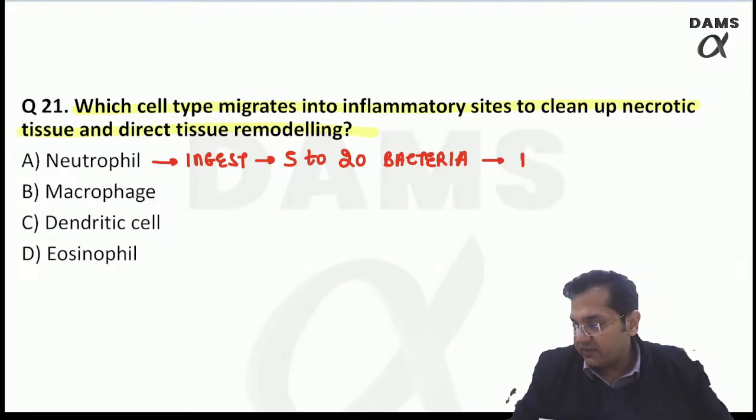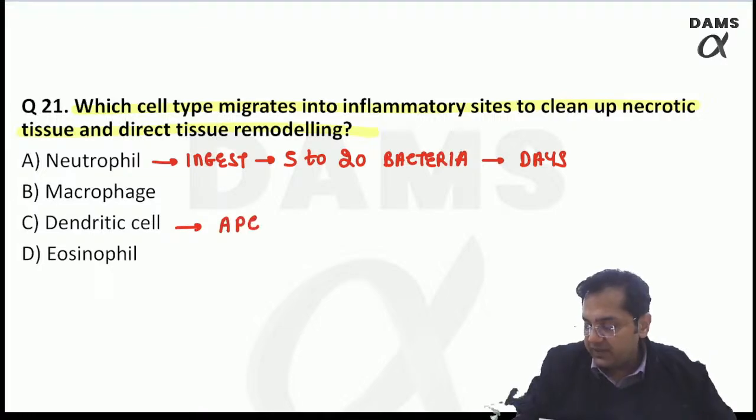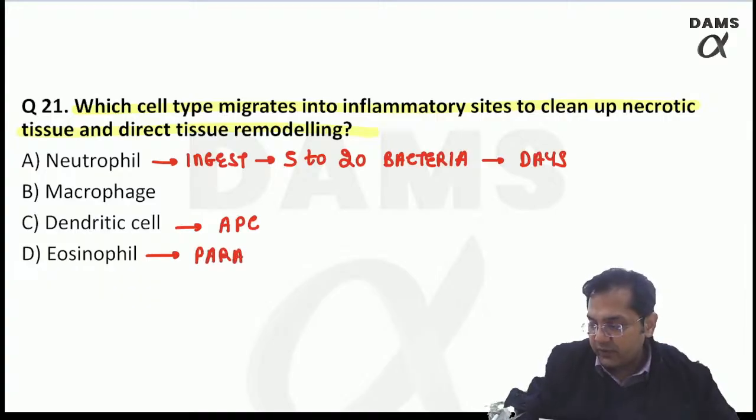They can survive only for days, 5 to 10 days, not more than that. Macrophages, dendritic cell, I've already told you, are APCs, antigen presenting cells. Eosinophils again are involved in parasitic infections. They also cannot survive for more than few days.